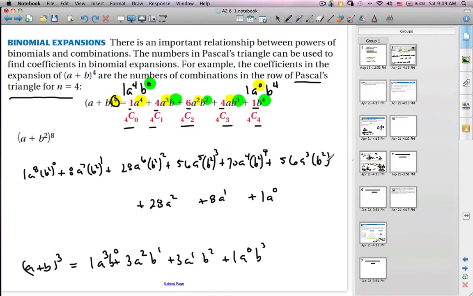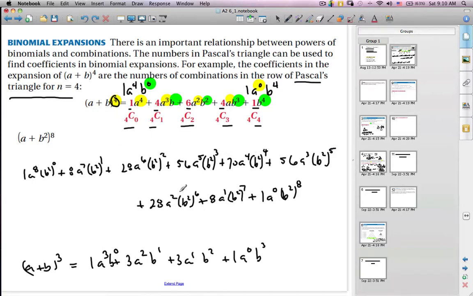I'll have B squared to the 5th. I'll have B squared to the 6th. I'll have B squared to the 7th. And I'll have B squared to the 8th power. Now if I want to double check, I could look at my exponents. 8 plus 0 is 8, yeah. 7 plus 1 is 8. 6 plus 2 is 8. 5 plus 3 is 8. 4 plus 4 is 8.